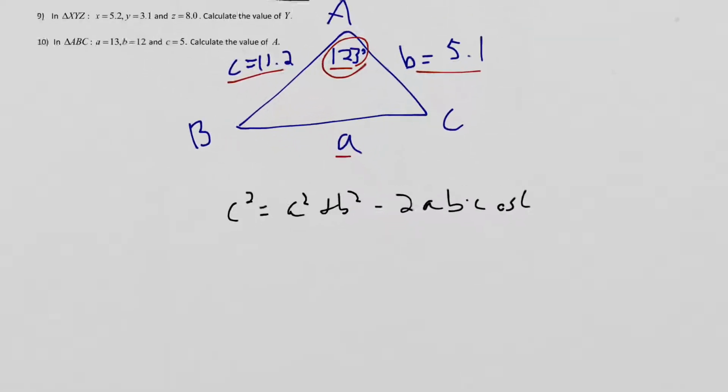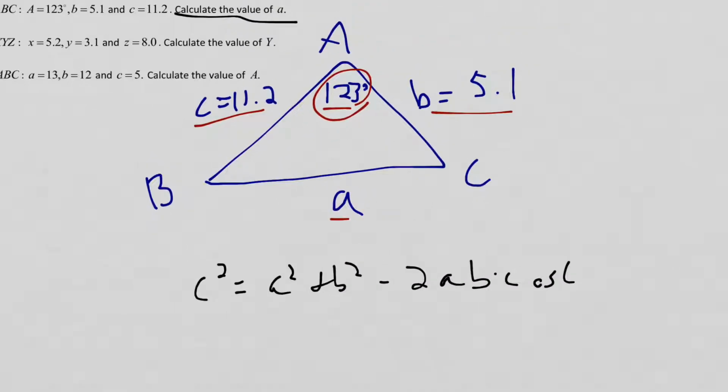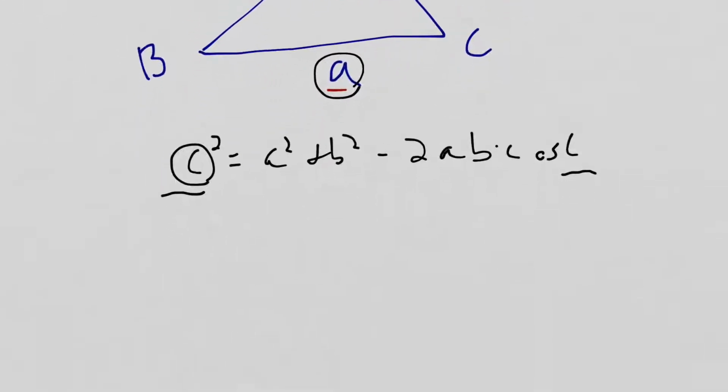All right, so if I'm calculating side a, that's what has to go right in here. That's confusing because it looks like it's going in for c, but just think in the formula that first letter there, c squared, that's the one you're solving for. The other important piece of information is that we are going to be putting in 123 degrees over here in order to solve this.